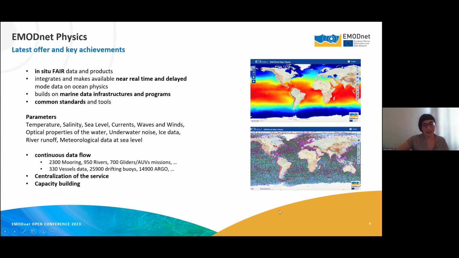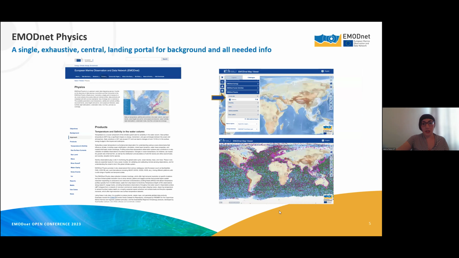And something that is highlighted in EMODnet Physics is the continuous data flow, decentralization of the service, and the capacity building of the service itself. So this is just an overview of what you can find not only in EMODnet Physics, but in the whole EMODnet network, which is a description of the products and the parameters.